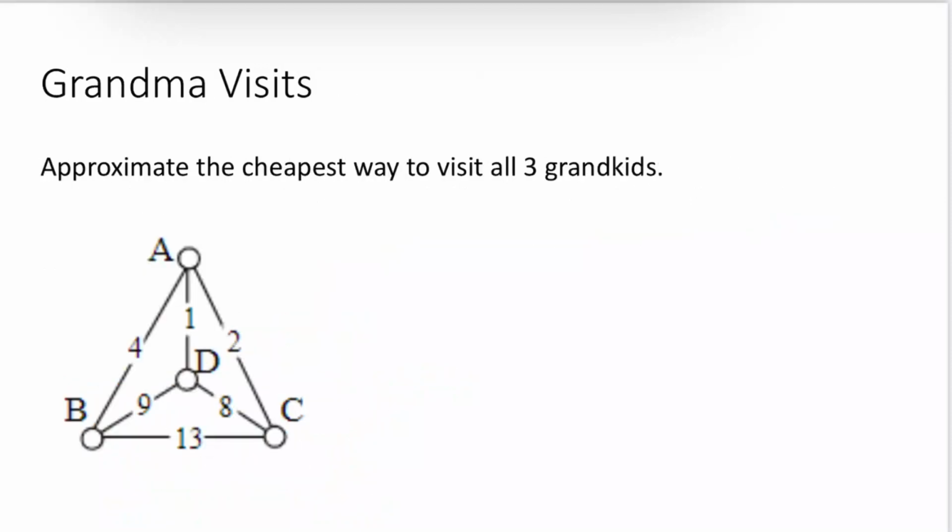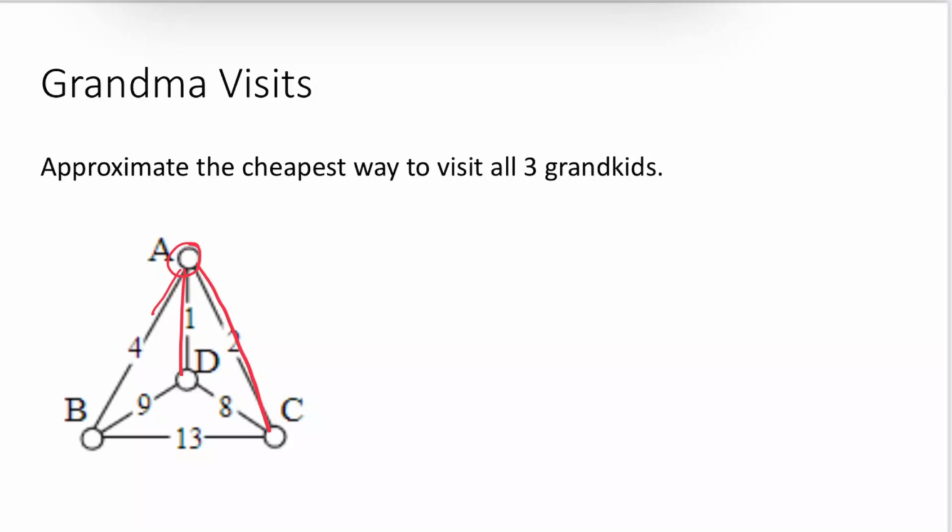So in this one, I'm going to look for the cheapest edge, which in this case would be this edge right here. Then I'm going to look for the next cheapest edge, which it looks like is this one. And the edge that is labeled with a 4, that's the next cheapest edge. However, if I were to add that, then this vertex would have 3 edges leaving it, which won't work for a Hamiltonian circuit because the vertex can only be visited once, which means I have to go into the vertex and leave it.